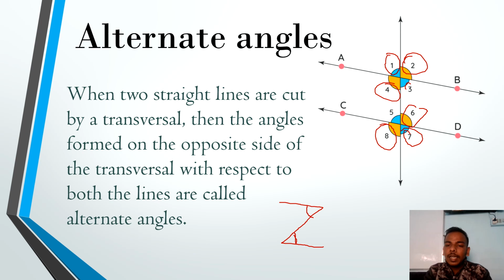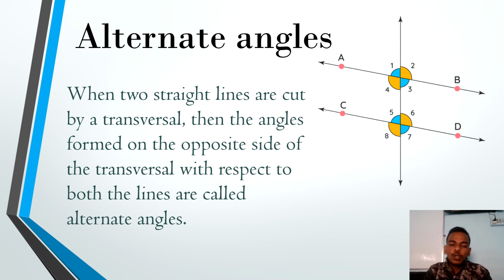Likewise, your angle 3 is alternate to your angle 5. So 4 and 6 are alternate angles and 3 and 5 are alternate angles. Understood the concept of alternate angle? The angles which form the shape like Z are called alternate angles.